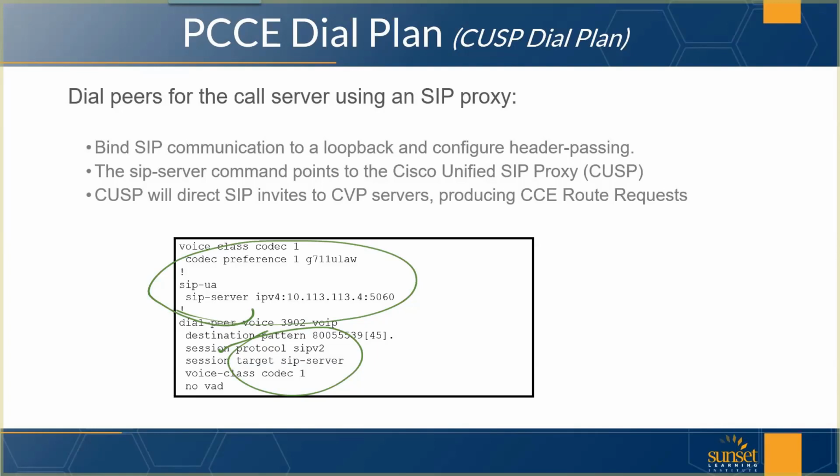That'll point to a defined trigger in CUSP. And hopefully, if everything's configured correctly, CUSP should point that to the same CVP population as we saw in our no proxy event. Many ways to skin a cat, in other words.